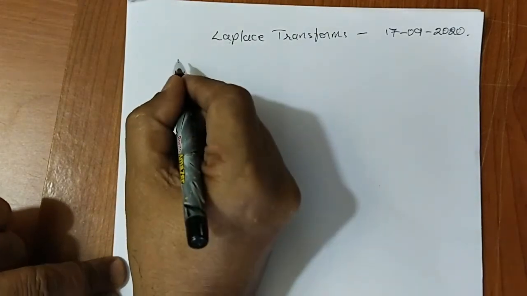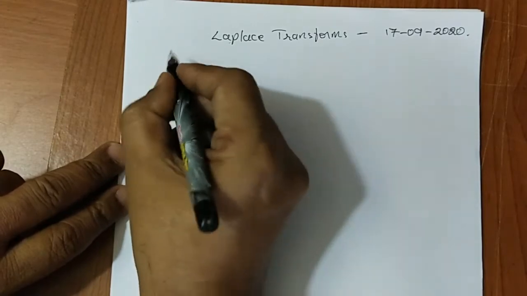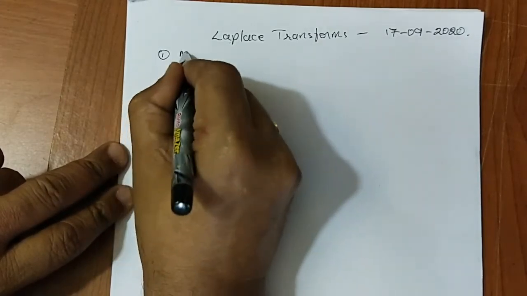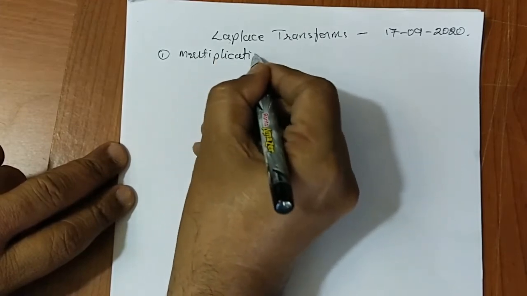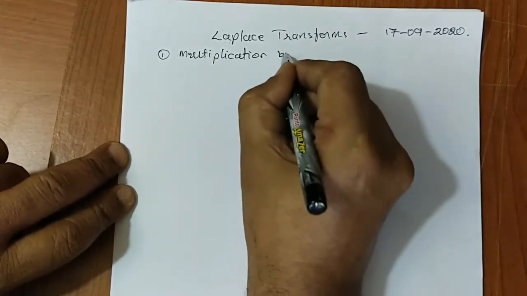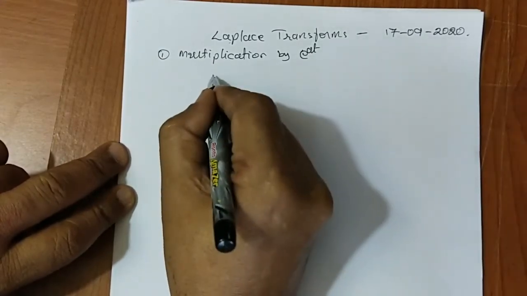Yesterday we have studied three formulae. One is multiplication by e raised to at. This we have discussed. What does it say?